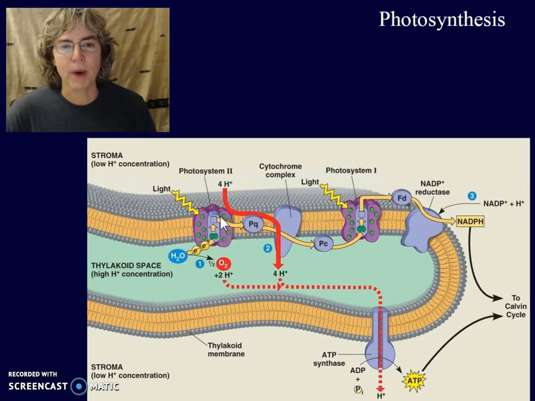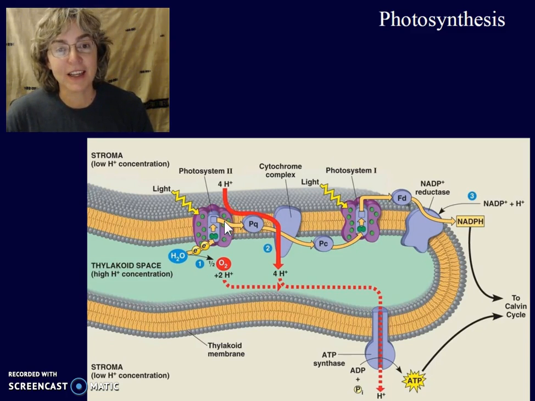In this membrane, similar to cellular respiration in the mitochondria, there is an electron transport chain set up. So these are proteins in this membrane, and they're transferring high energy electrons from protein to protein, and in the process setting up this concentration gradient.